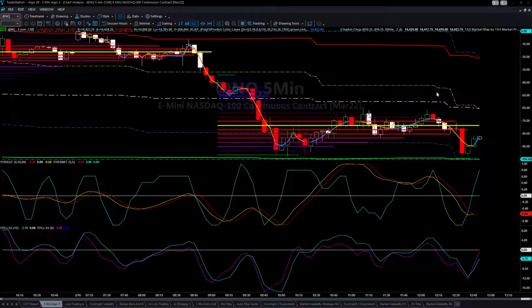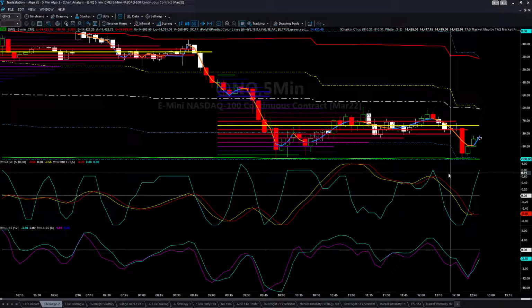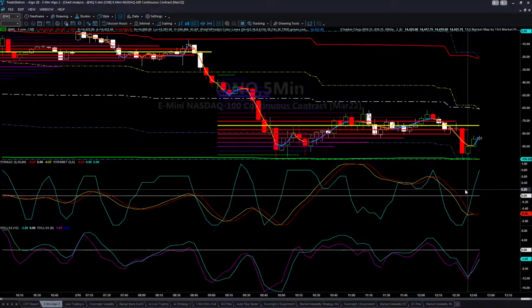If you don't have a filter of this type, whatever it is you're looking at on your screen, it's very easy to get suckered into this trade with FOMO. A lot of people get FOMO and they're like, oh my goodness, I'm going to miss out on this drawdown here, right? And they start chasing the trade only to see this happen right here.